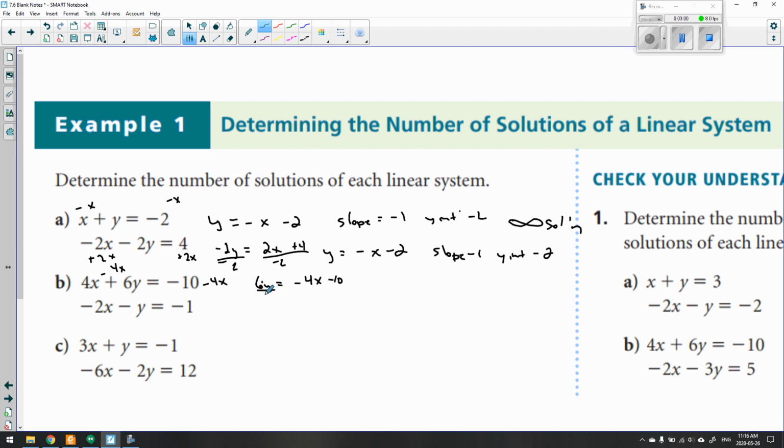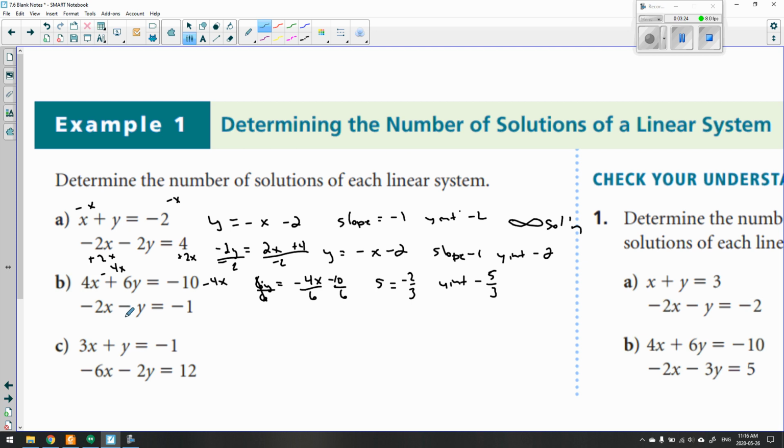Divide both sides by 6. So we get a slope of negative 4 over 6. So slope is negative 2 over 3. Y-intercept is negative 10 over 6, which is negative 5 over 3.